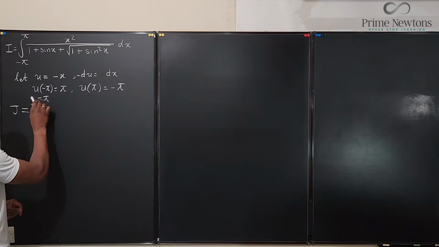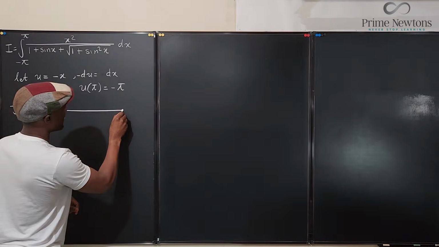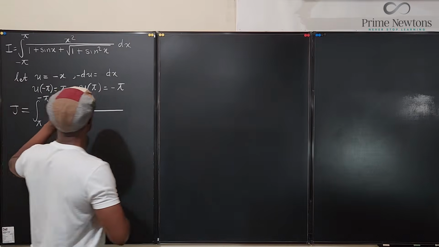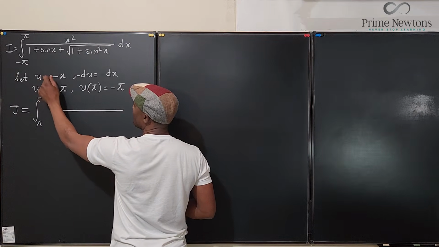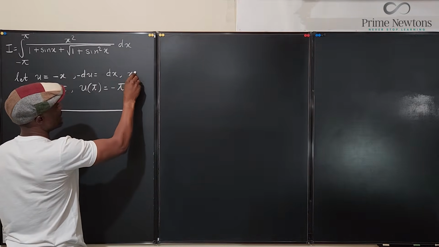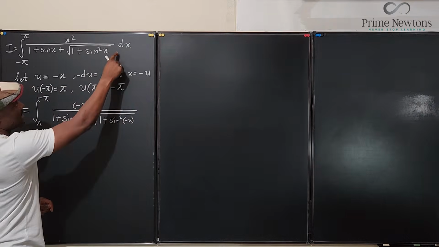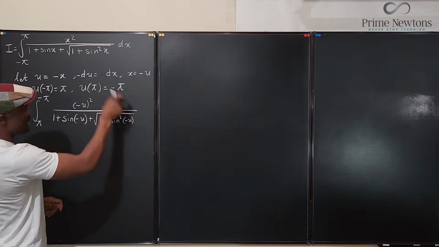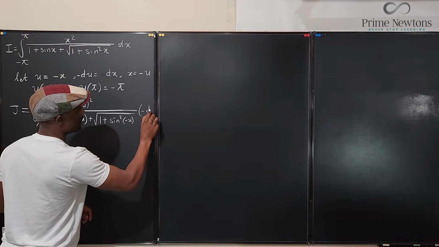And the integrand: we said x is negative u. Oh, we should have written that somewhere here. x equals negative u. So now our dx is negative du. So we'll have times negative du.